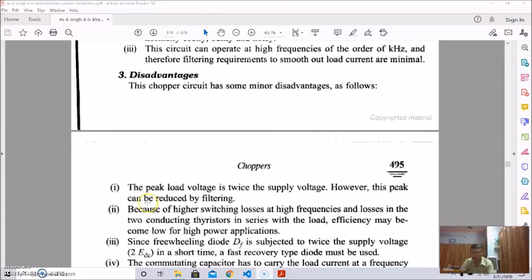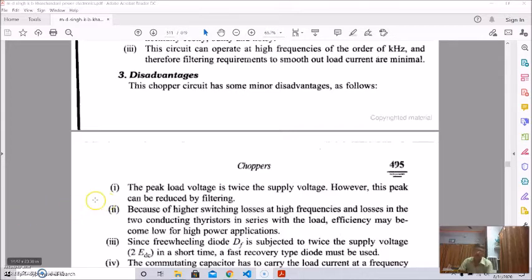load commutated chopper. So far in today's discussion of the load commutated chopper, we have discussed its circuitry, its voltage and current waveforms, and also the design considerations, particularly its different factors, and we have also discussed the advantages and disadvantages of this chopper.